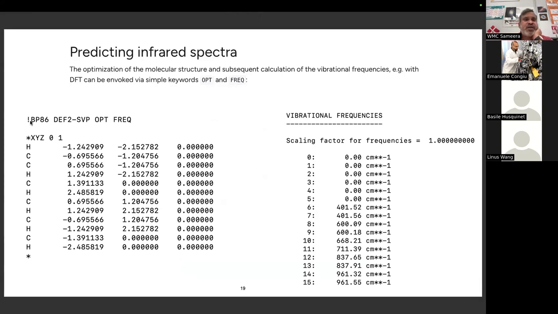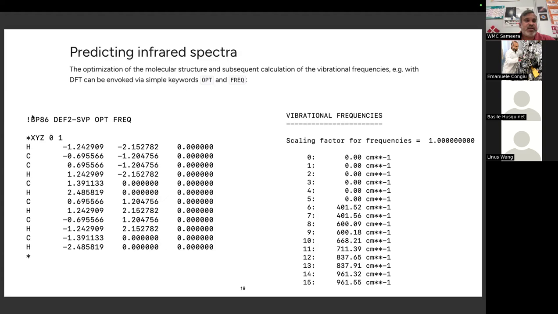We have here the density functional. We use DFT for the structure optimization, followed by the frequency calculation, and this is the basis set. And this is the charge of the molecule, multiplicity, and then the coordinates.